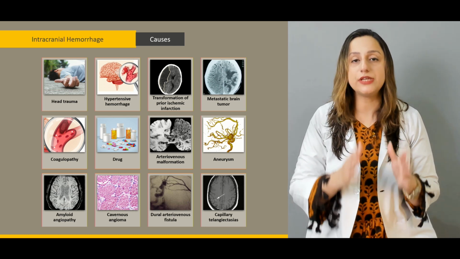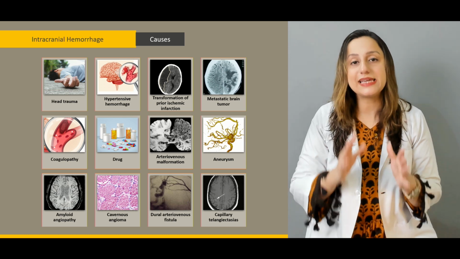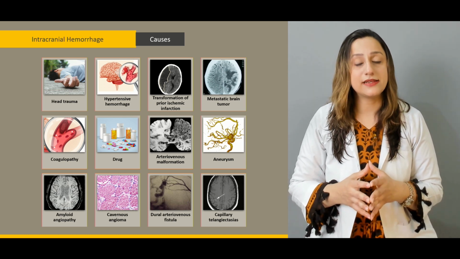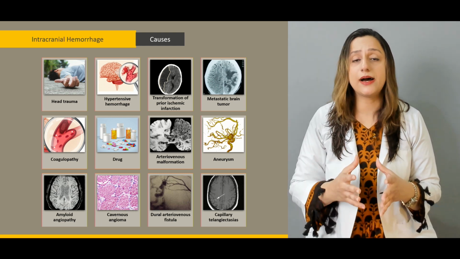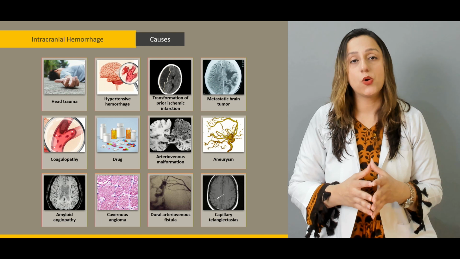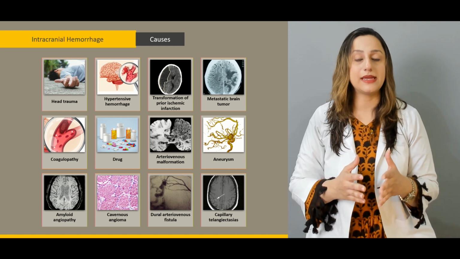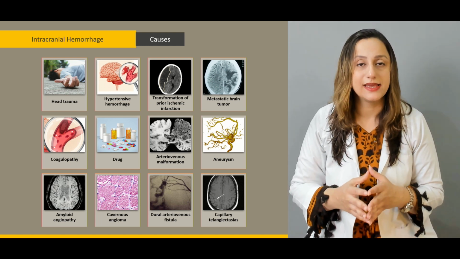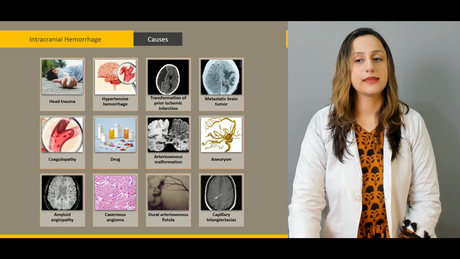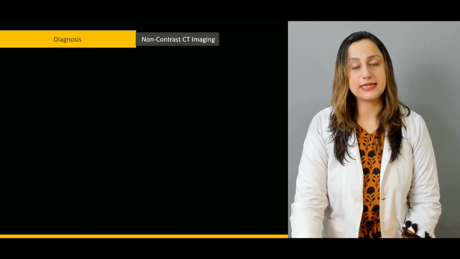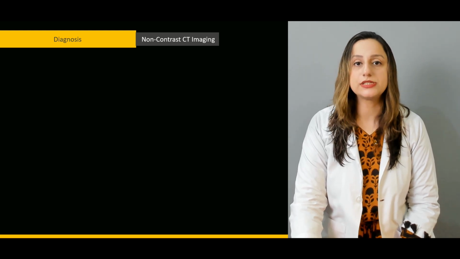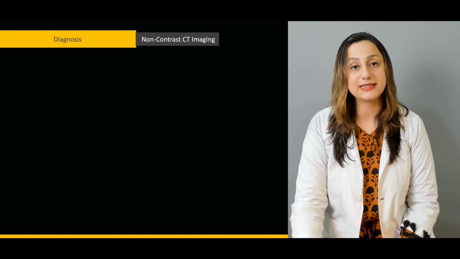So it's again very important that you do detailed investigations and note down any malformations, any coagulopathies, or any history of intake of recreational drugs in these patients. Now, moving on to the diagnosis in such cases, it's very important that you start off with the baseline investigations.